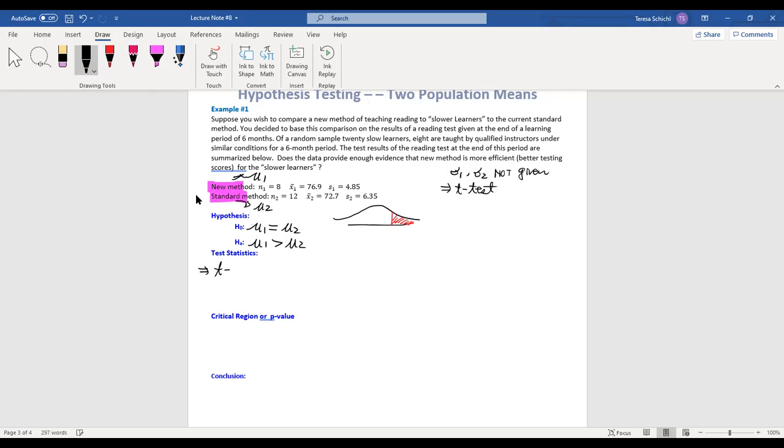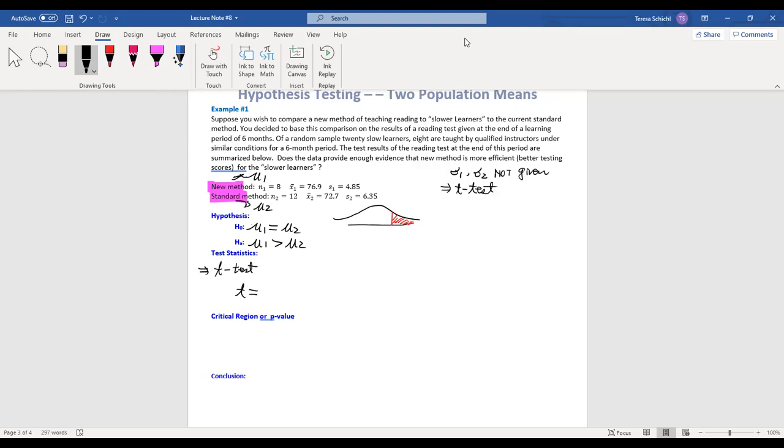We use the t-test here. Those are the given values. Of course you can plug into the formula, or let's take a look at how to use technology to help us here.